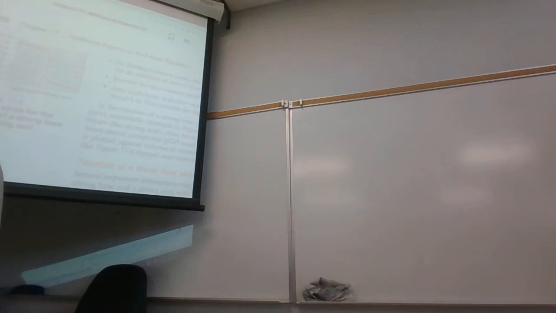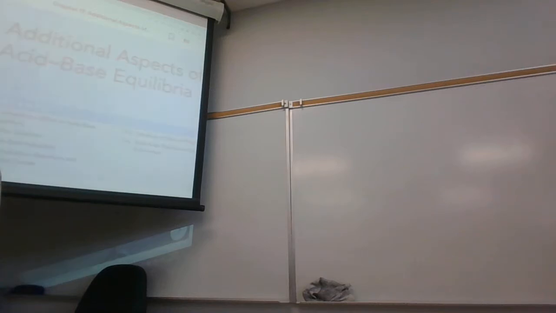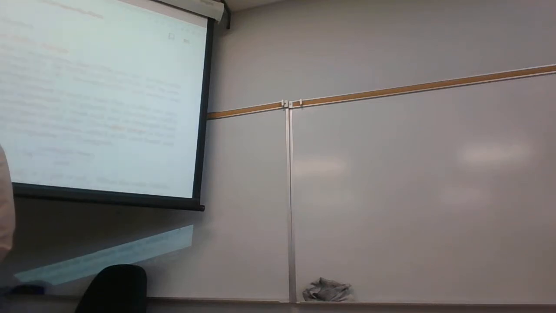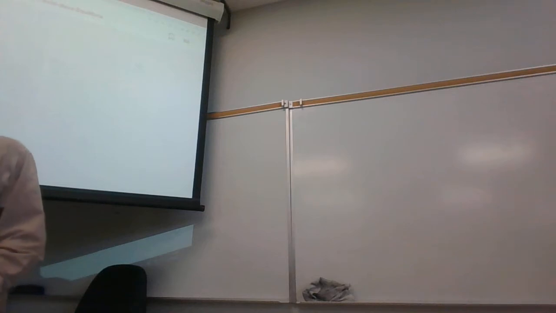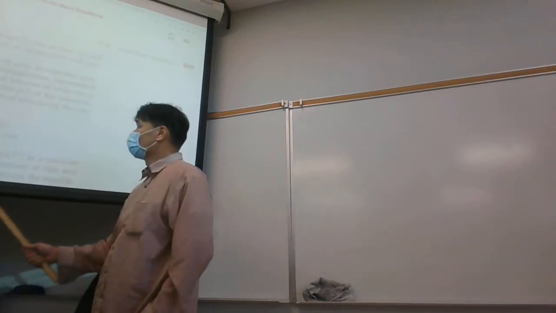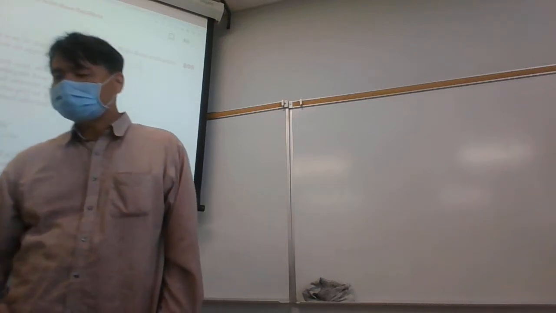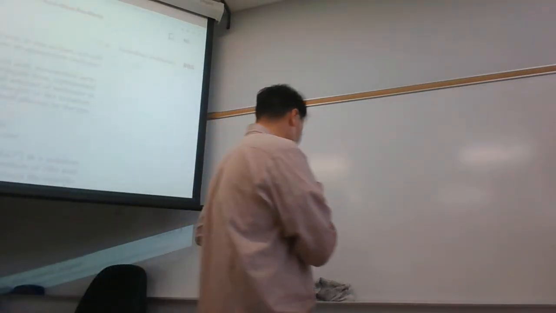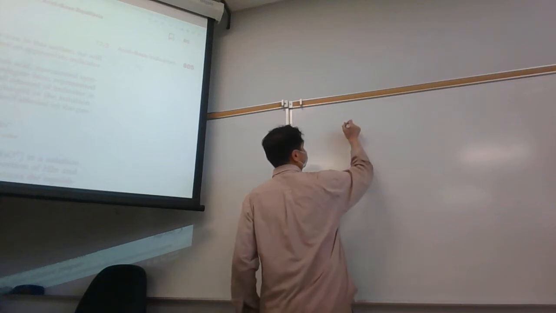So I'm going to jump to indicators here. An indicator is just a weak acid and a weak base, HIn and In minus, and the colors have to be different.